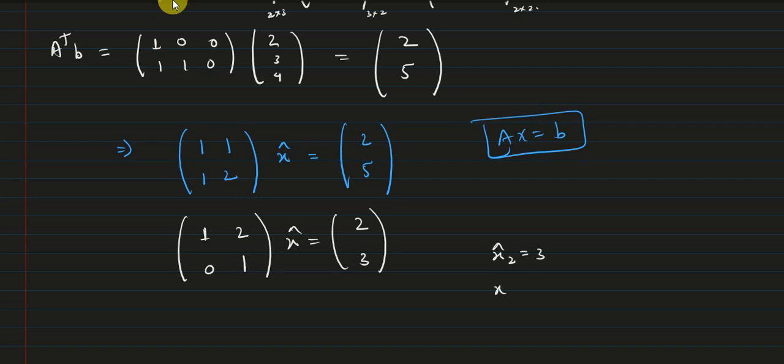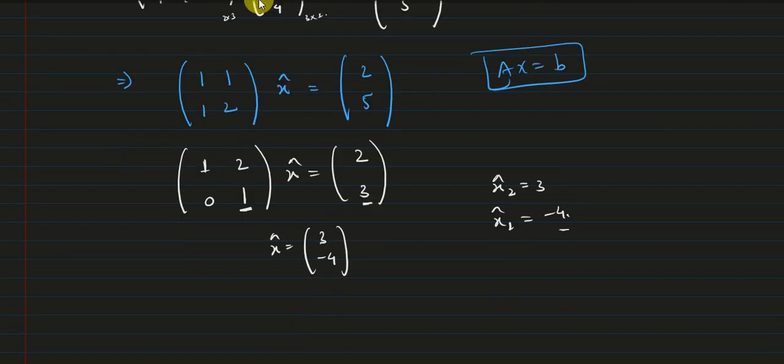And x hat 1 will be minus 4. You can simply do it by back substitution, right? So from x2 you will get 3, and x1 you will get minus 4. You can check it. So x hat is 3 minus 4. Let's check it. So 3 times 1 3, and minus 8.